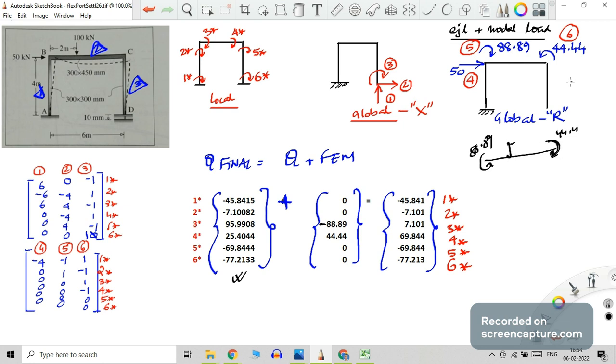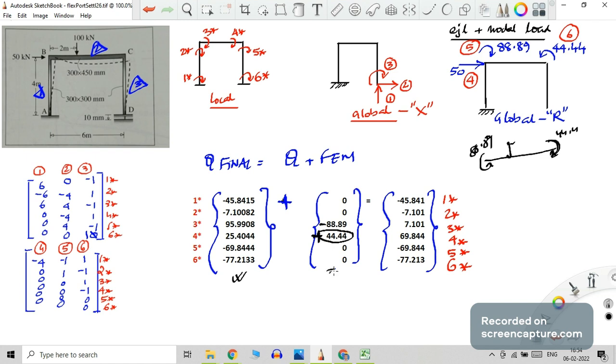So our coordinate number 6, that is actually global, but this is FEM at coordinate number 4. 4 is also clockwise, so plus sign here. Don't compare it with the global 6.